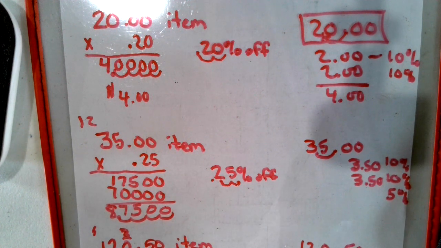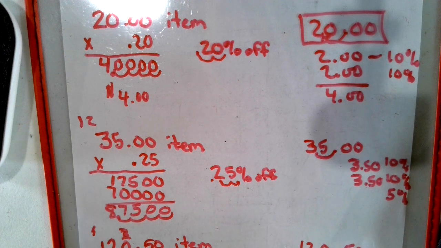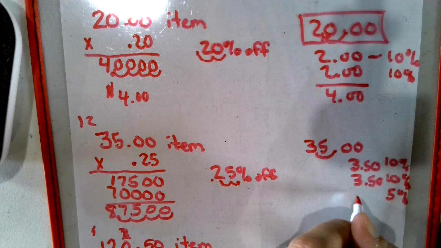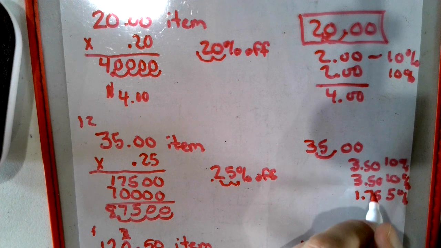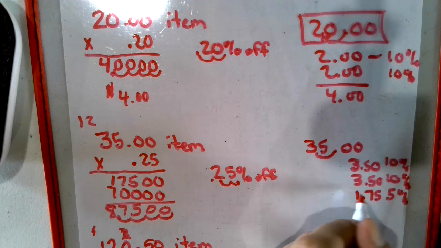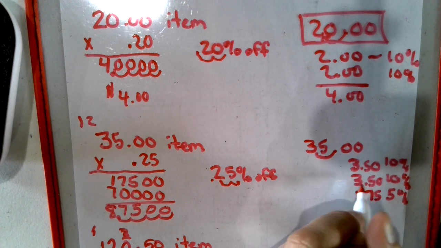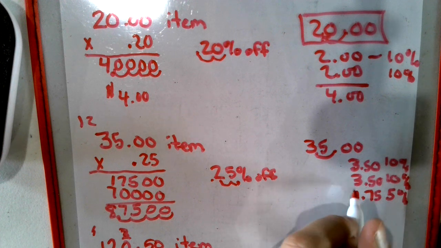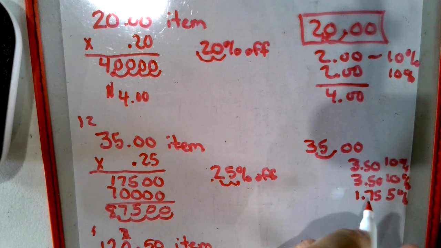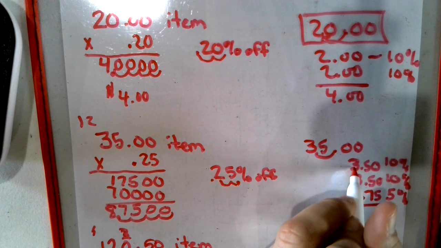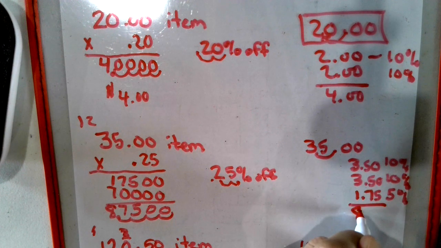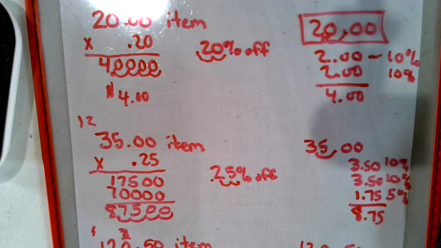Some of you are like, I don't even know what half of $3.50 is. It's $1.75. But if you didn't know that, you'd say it's roughly $2, and you get roughly what your discount was. And $3.50 plus $3.50 plus $1.75 is $8.75, still the same math.